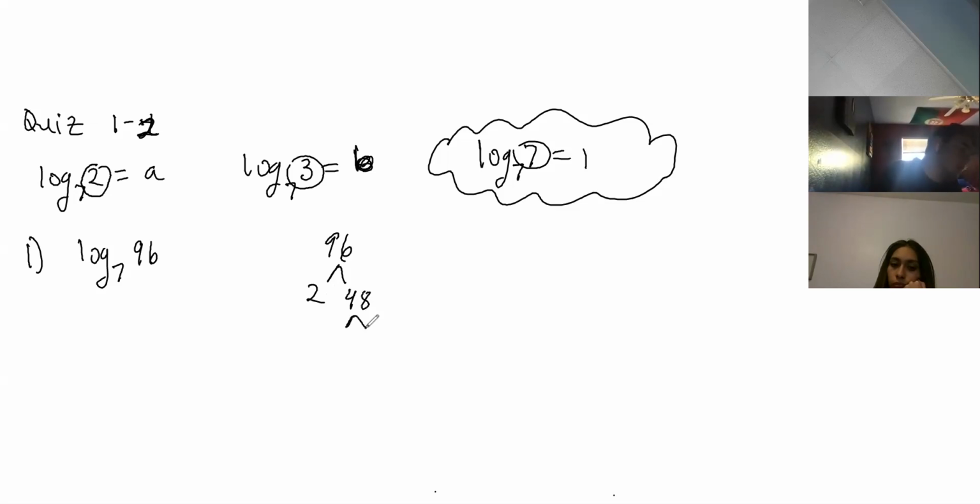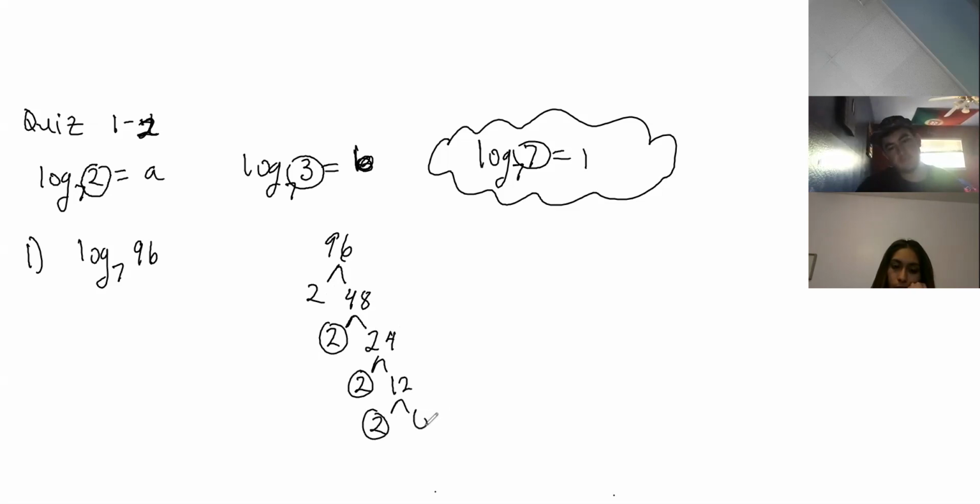And what can I divide 48 by? Another 2, and 24, and then 2 and 12, 2 and 6, and then 2 and 3. All right, so we're not going to use the 7 on this one.